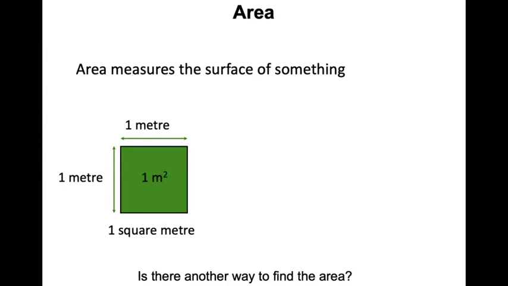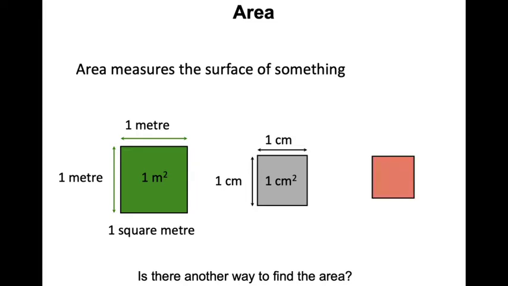So for the units of area, you simply square the units of length that would have been given. Similarly, 1 centimeter by 1 centimeter multiplication would be 1 centimeter squared or square centimeter. Doesn't matter, they mean the same thing. Even for millimeters, 1 millimeter multiplied by 1 millimeter would be 1 millimeter squared.